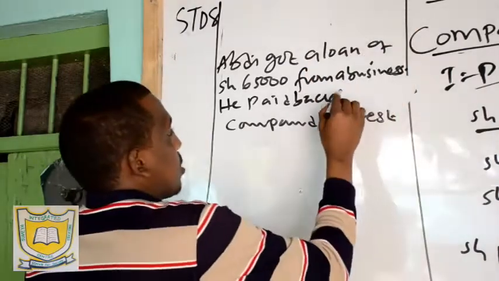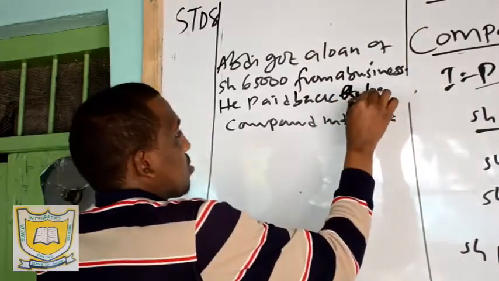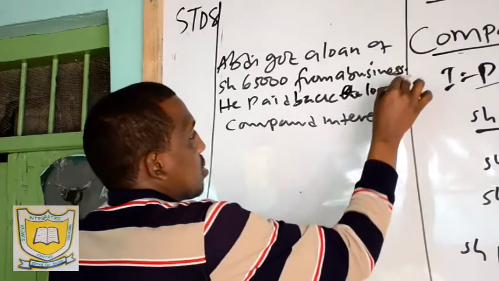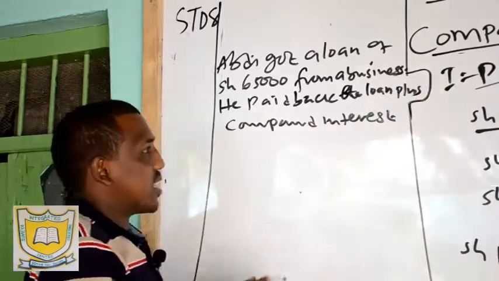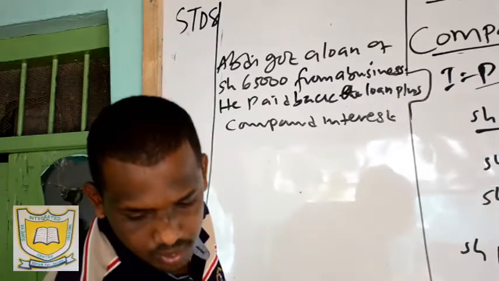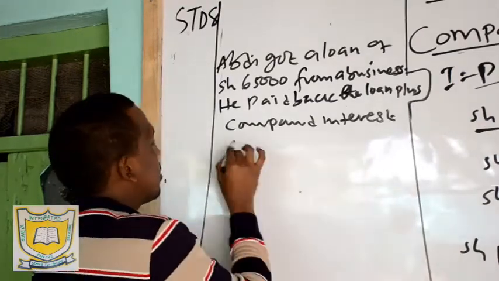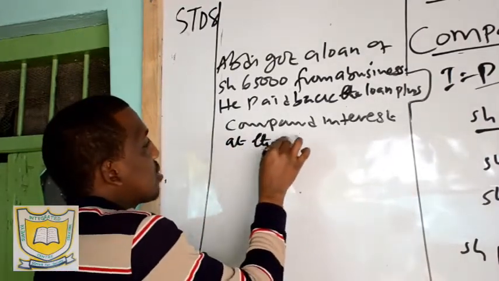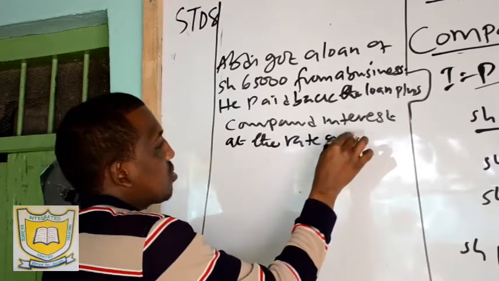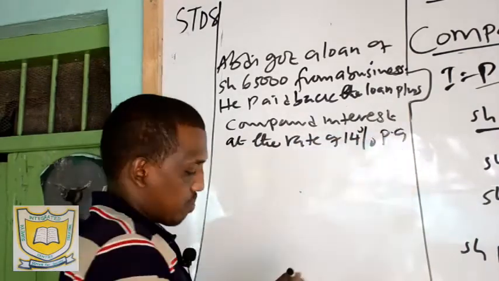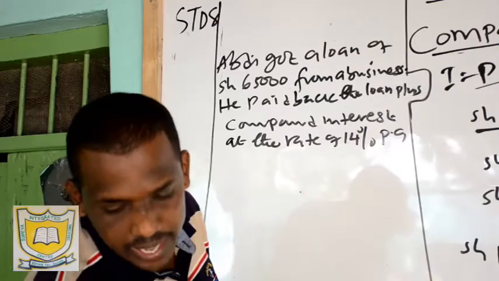He paid back the loan plus the compound interest at the rate of 14% per annum, per year, in 18 months.